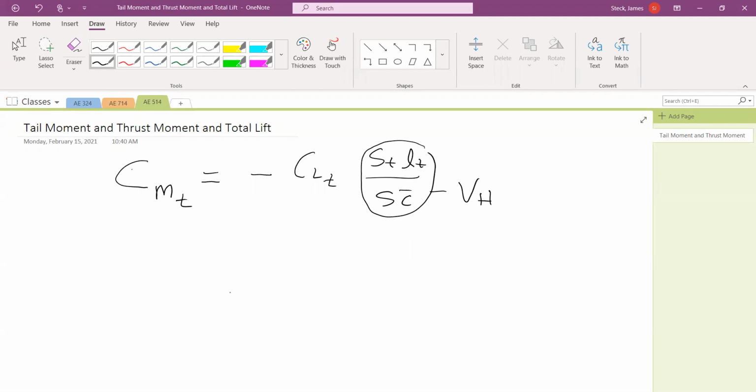Now LT is measured from the CG, if you remember, back to the aerodynamic center of the tail.